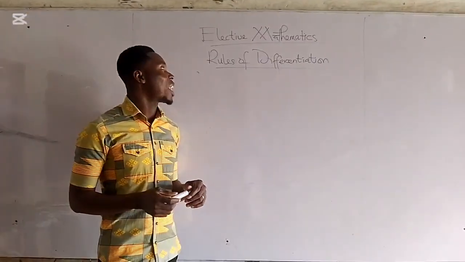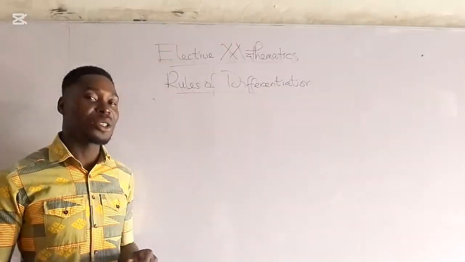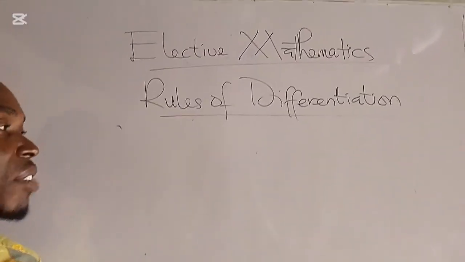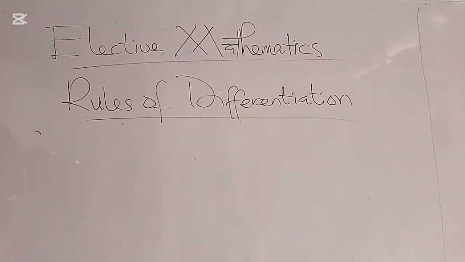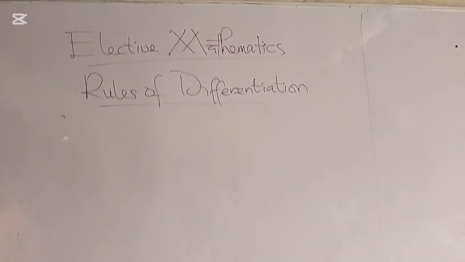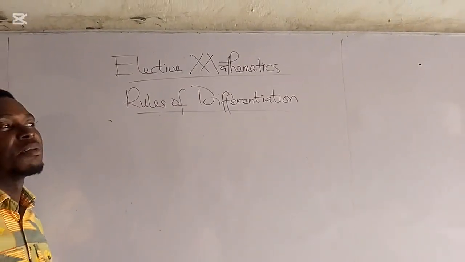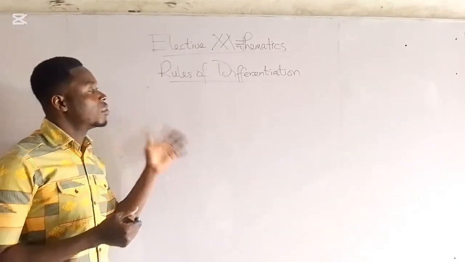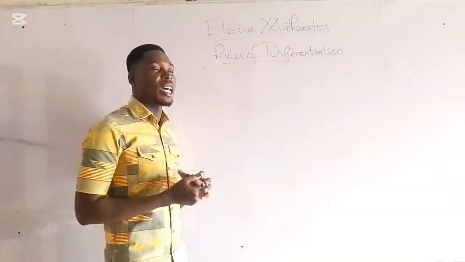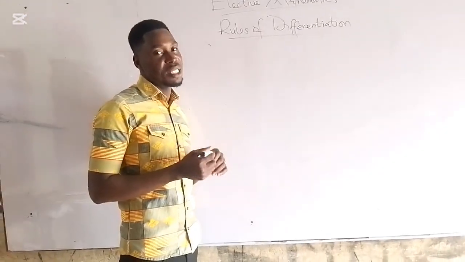So today we want to look at this interesting topic, rules of differentiation. We have a lot of rules as far as differentiation is concerned. The first thing that you meet in calculus 1 for differentiation is the differentiation of equations using the first principle.